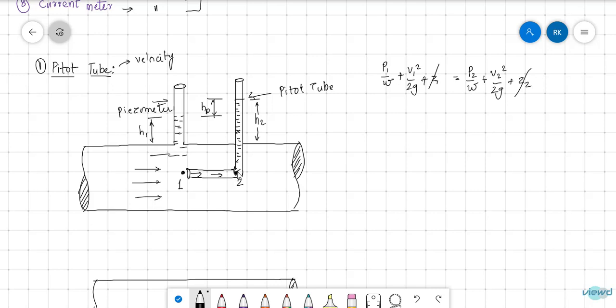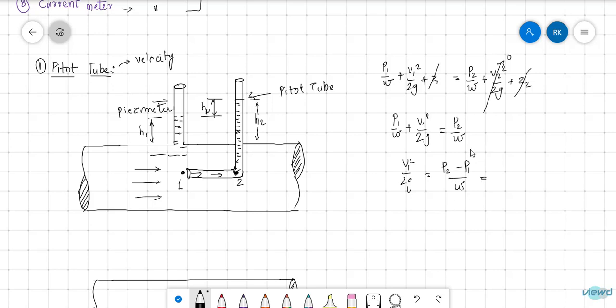And at point 2 the velocity is 0, so this term will be 0. So the remaining equation is P1 by W plus V1 square by 2G is equal to P2 by W. From this we can find V1 square by 2G is equal to P2 minus P1 by W.